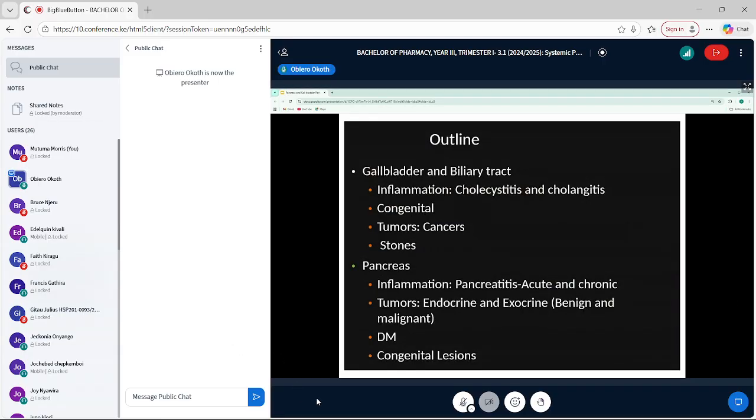So we look at the inflammation, mainly the inflammatory conditions, cholecystitis, cholangitis, a few congenital disorders, but not very common in the gallbladder. If they are mentioned, they're normally mentioned in the context of the liver. Tumors, not common, but extremely serious.